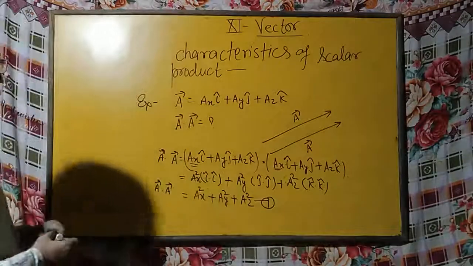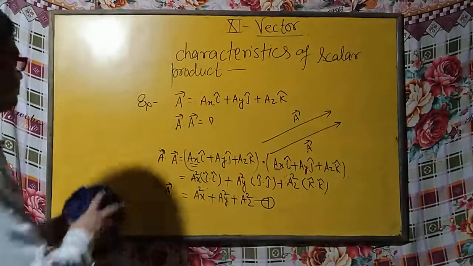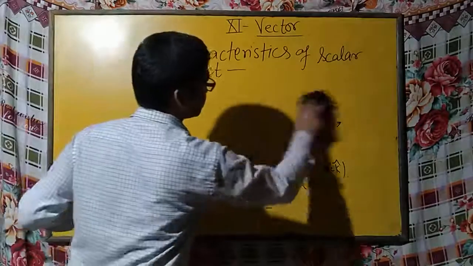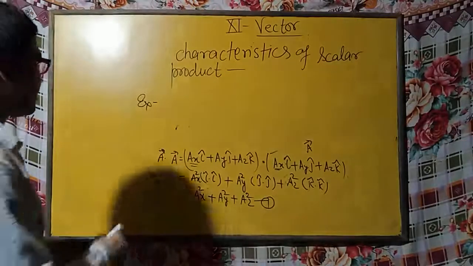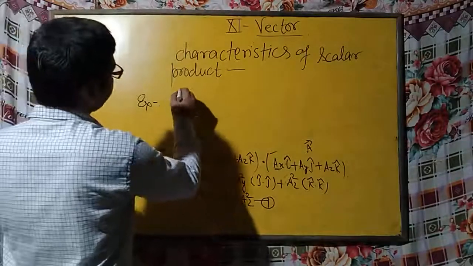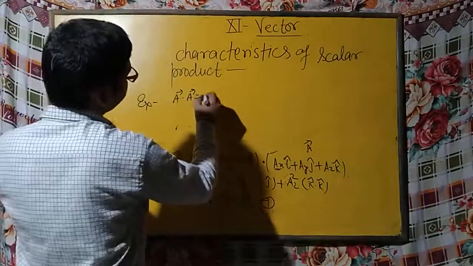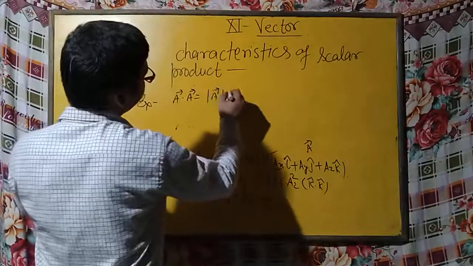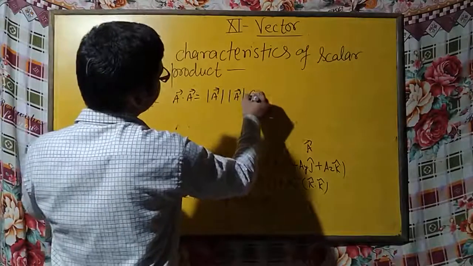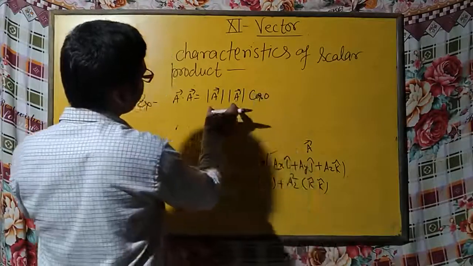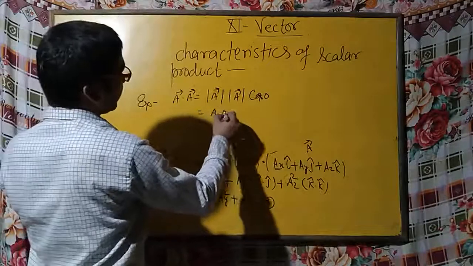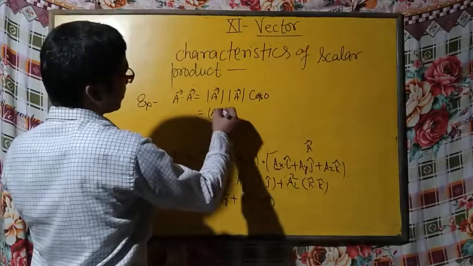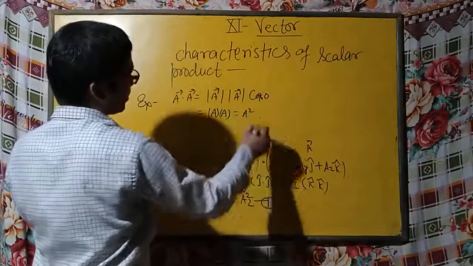Now you can also write, by definition of scalar product, a dot a is equal to magnitude of a, then magnitude of a, then cos 0, because the angle between similar vectors is 0. So you can write here a and a, because cos 0 is 1, so this one is a square.